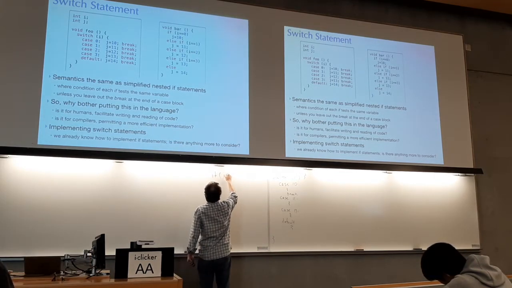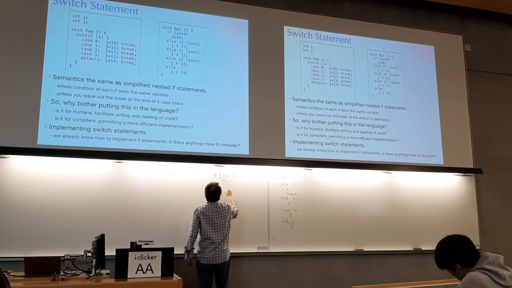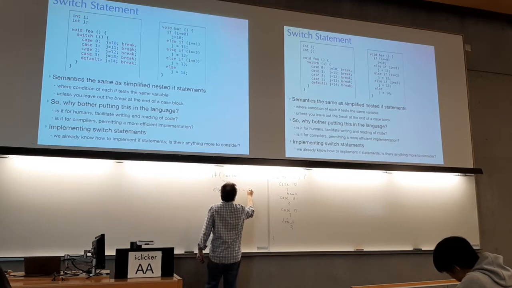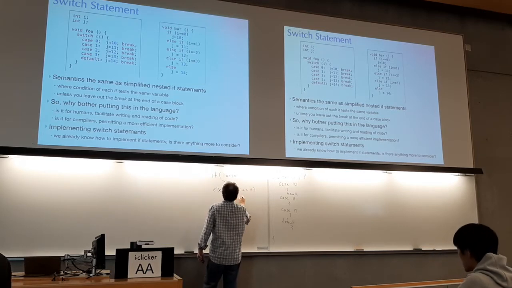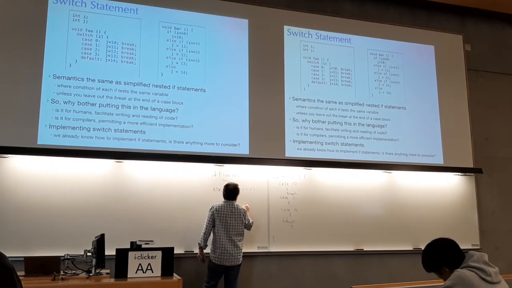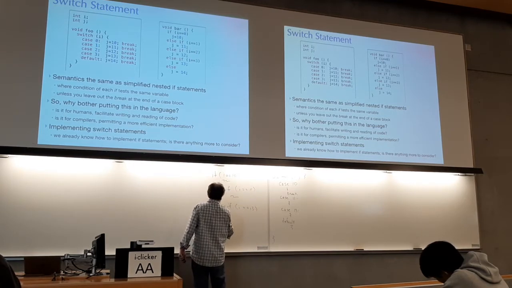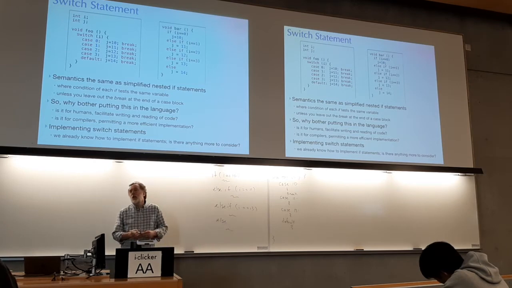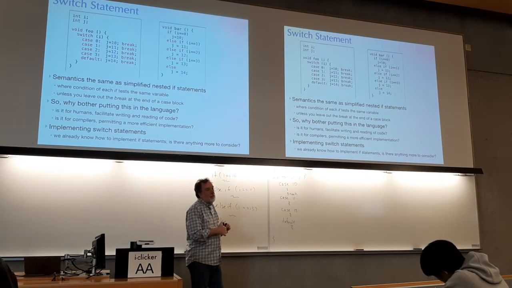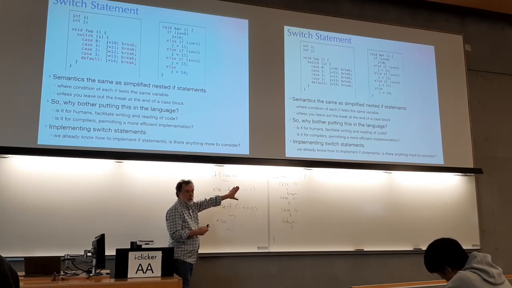So you can say if i equals 10, then do this, else if i is 11, else if i is 13, else. Right? So you can do that. And in fact, you could just write this code instead of switch statements.